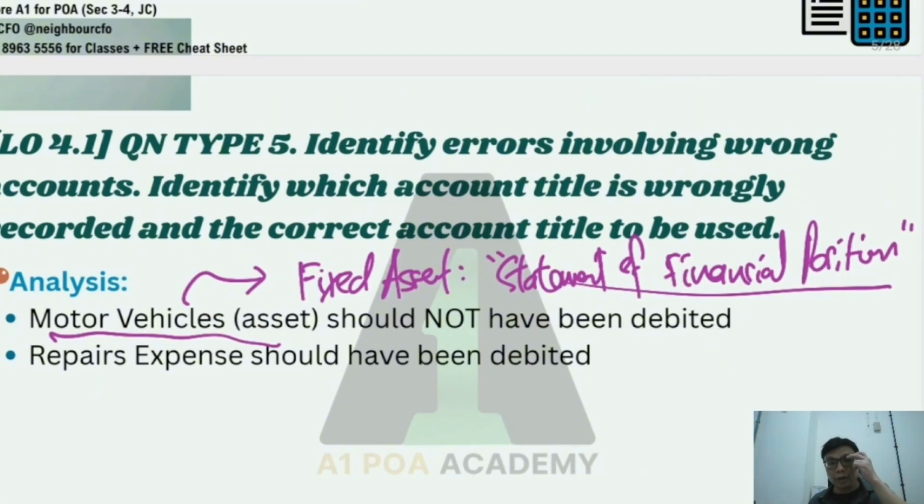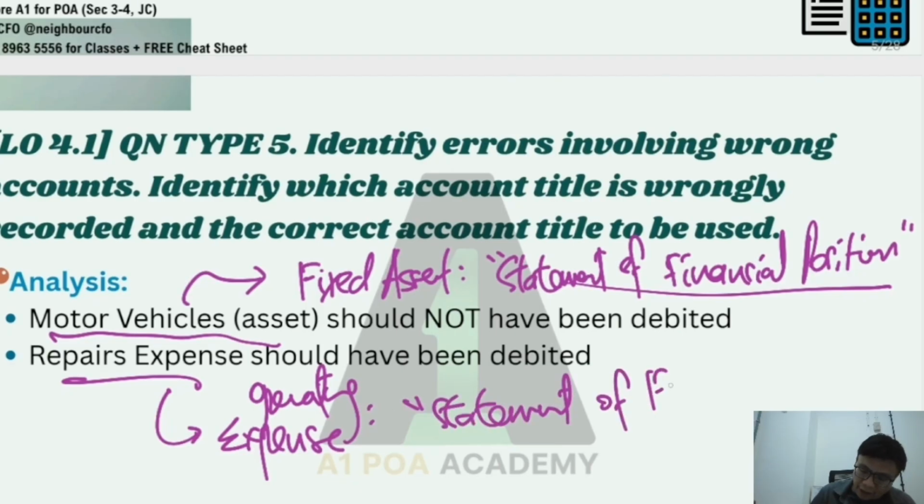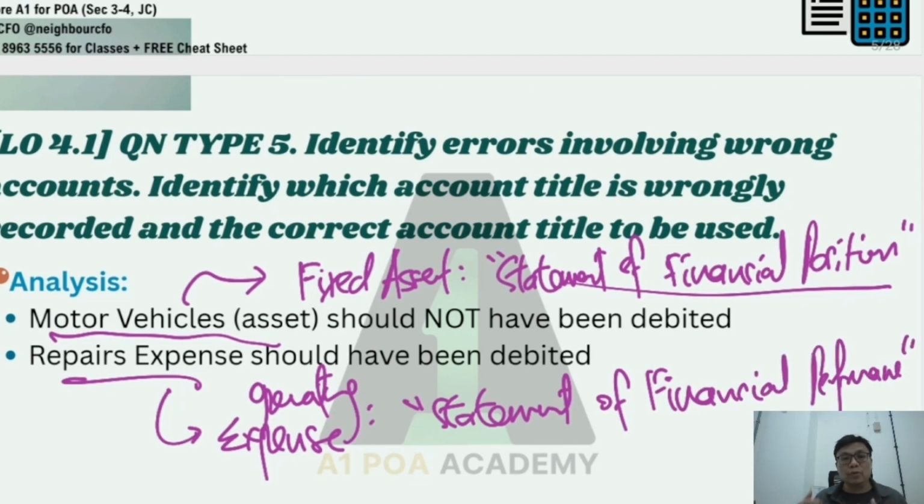Whereas repair expenses is an operating expense, classified under your statement of financial performance. So since motor vehicle, which is the wrong account, has been debited, we need to do a correction.